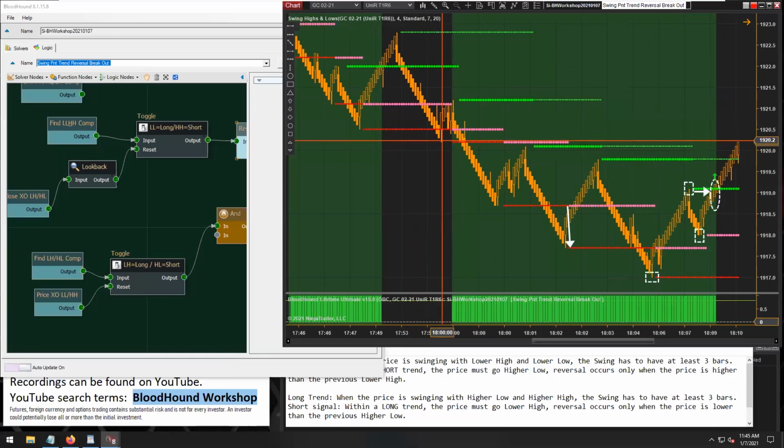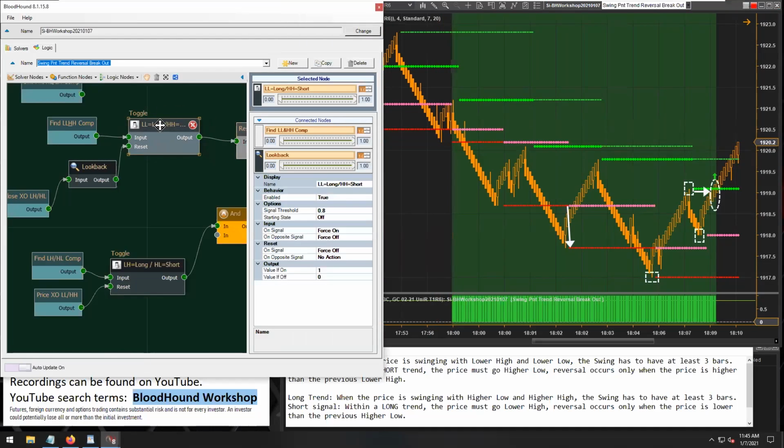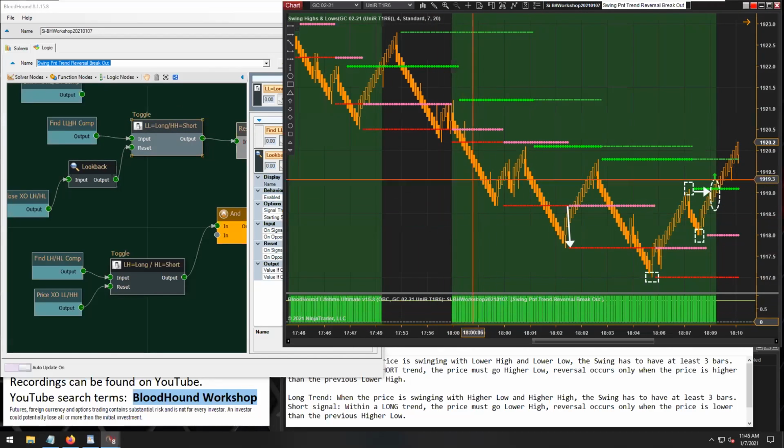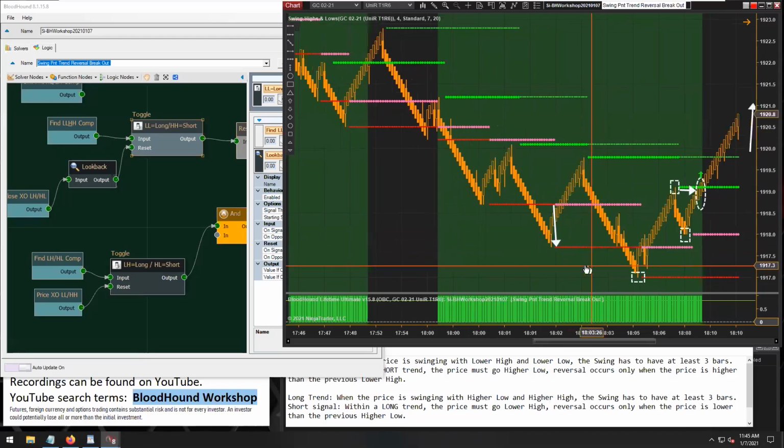So we can see lower lows are being made, and so our toggle node turns on. It turns on the long output when lower lows are being made. So we can see prices stepping down.